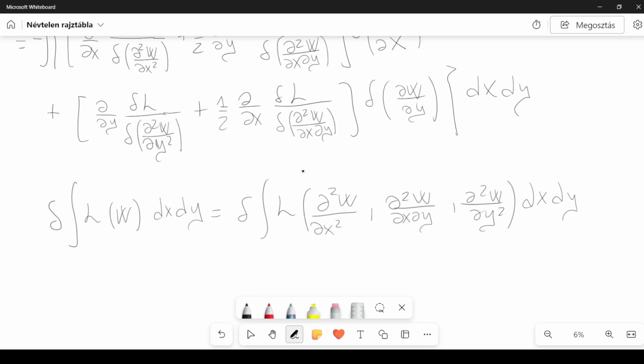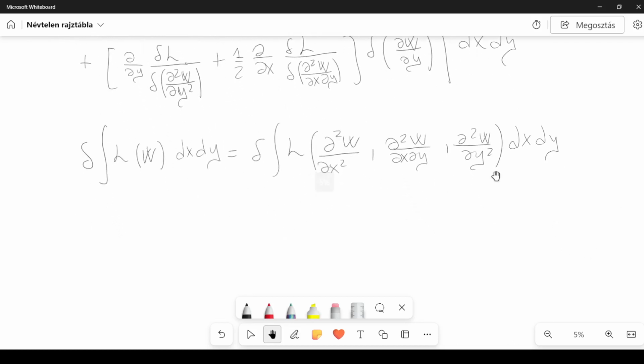Now, if we rewrite the expression that we have on the right by integrating by parts twice, the equations of motion that this will lead to is something like this.